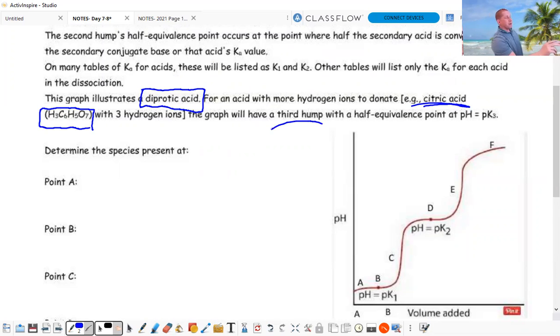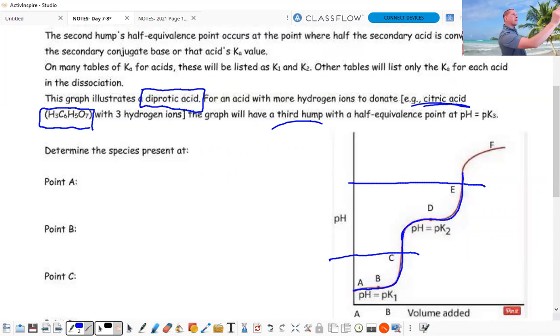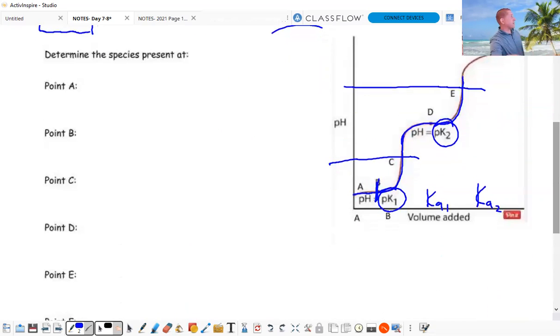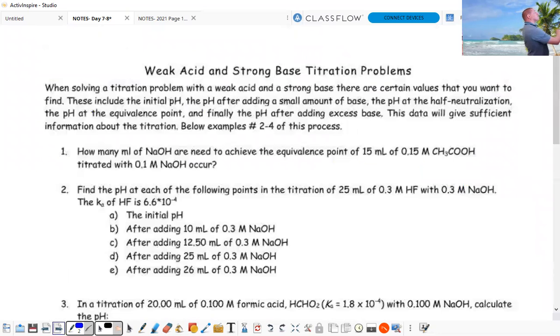So we have the first equivalence point and the second equivalence point. What that also means is we have a first Ka, or pKa, and then we have a second. So there's a Ka1 and then a Ka2 on this diprotic acid, losing the first proton, then losing the second one.